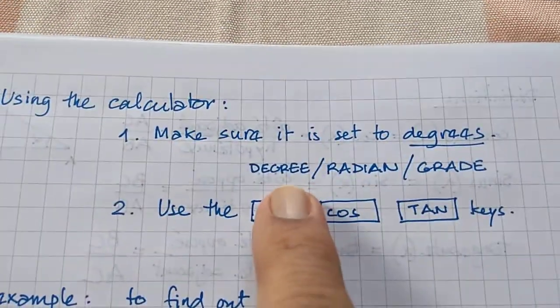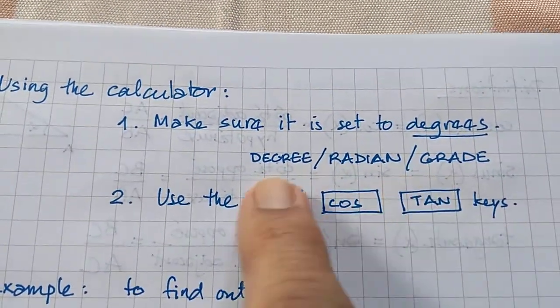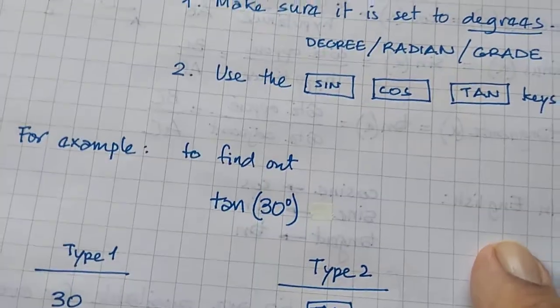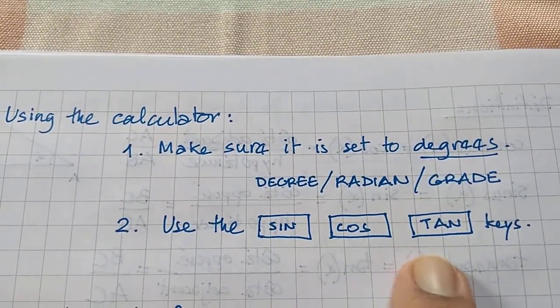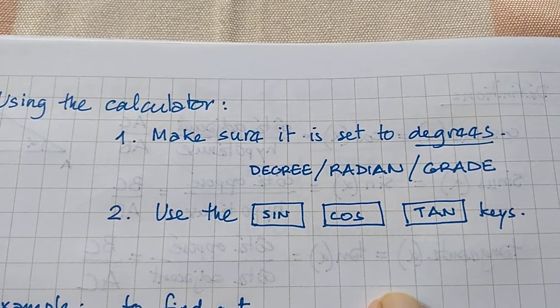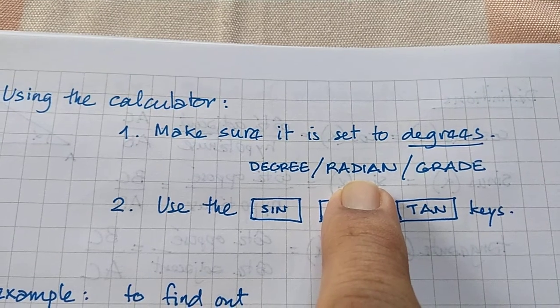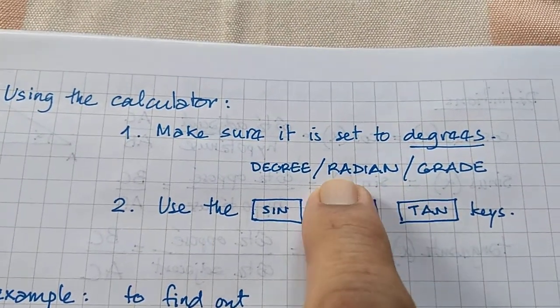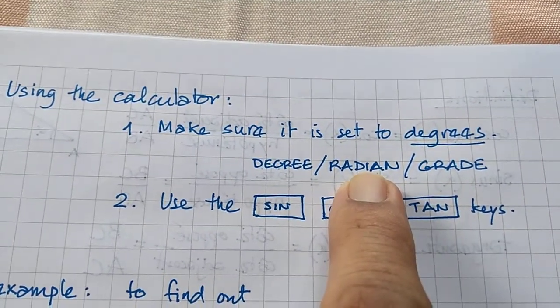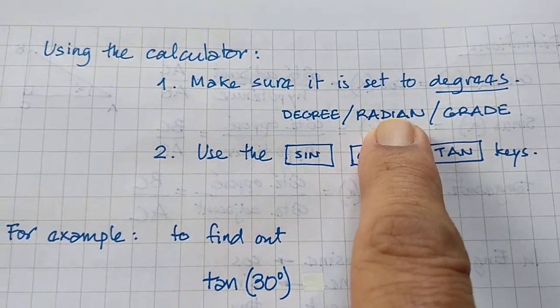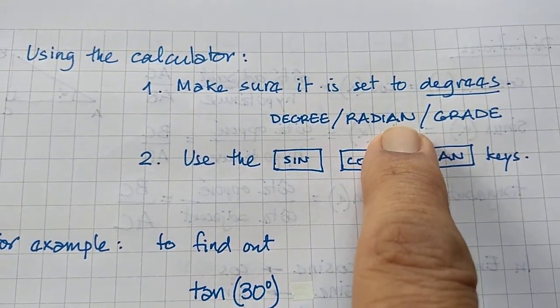You see, angles are measured in three different ways. They're measured in degrees, which we know: 360 degrees in one circle, 90 degrees is one right angle. They're also measured in something called radians. You will come across this later on in your science and math studies if you pursue them. This is a different way of measuring angles.